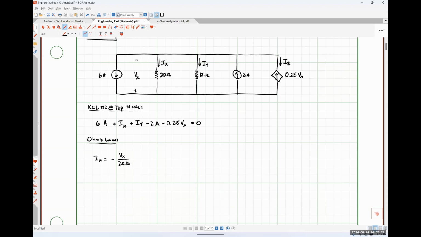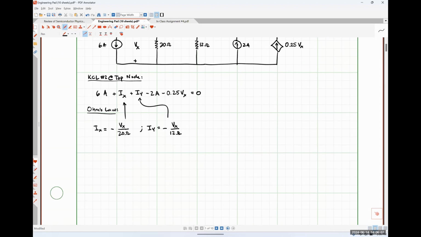The negative sign comes from the fact that the current is flowing into the negative polarity terminal. Similarly, I can say that Iy is negative Vx over 12 ohms. And I'm going to substitute those two relationships into my KCL equation.